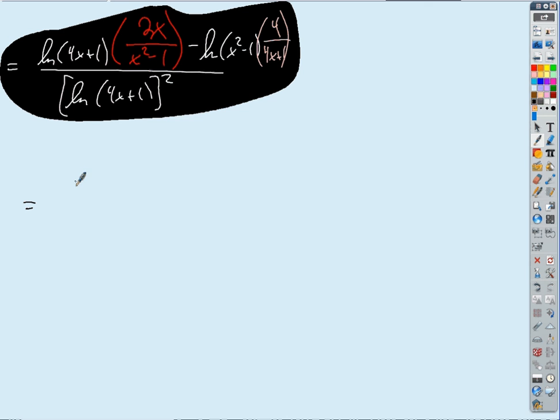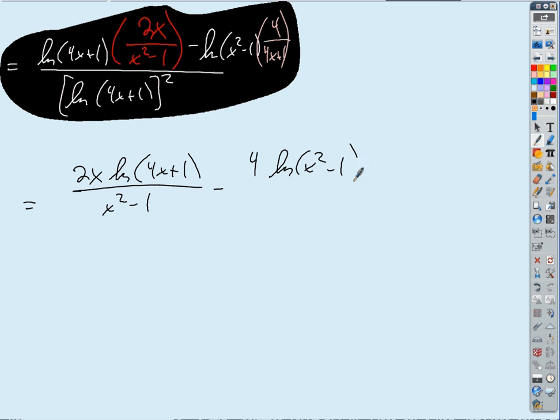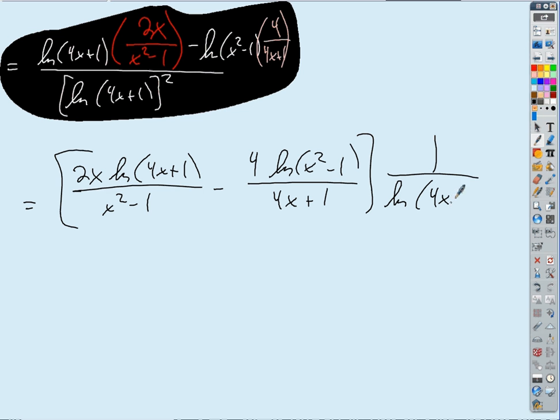If I write that as one fraction, I've got 2x log of 4x plus 1 over x squared minus 1, minus 4 log of x squared minus 1, over 4x plus 1, times the reciprocal of the bottom, so we're multiplying by 1 over log of 4x plus 1 squared. You're probably thinking, man, that's going to be horrible to simplify.